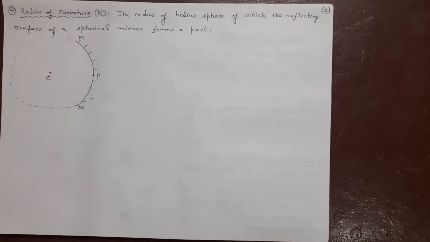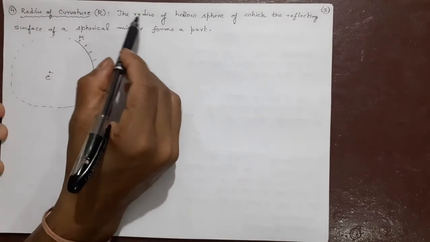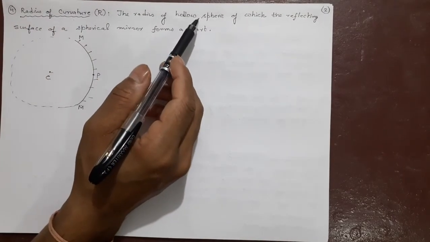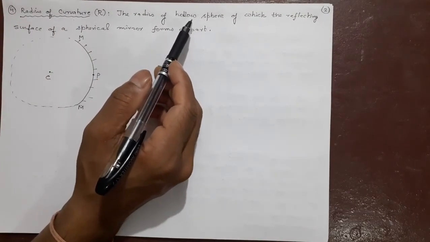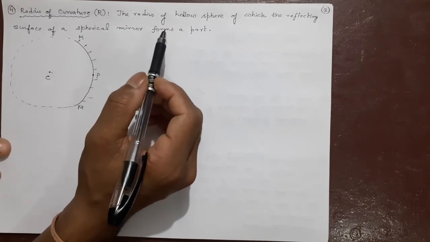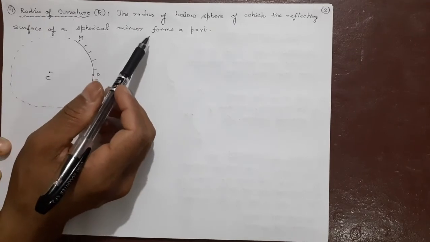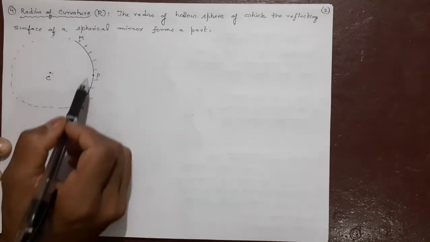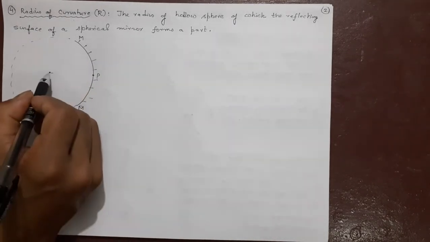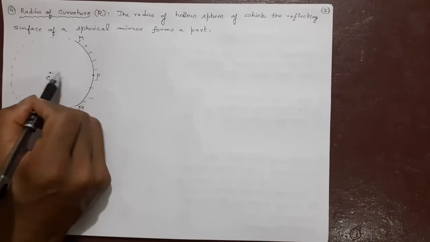Now you see what is radius of curvature. The radius of the hollow sphere, that sphere we were talking about in the center of curvature in the previous one, is connected to that hollow sphere of which the reflecting surface of a spherical mirror forms a part. Suppose this is that hollow sphere, then this is the center of curvature, then you will have the radius.